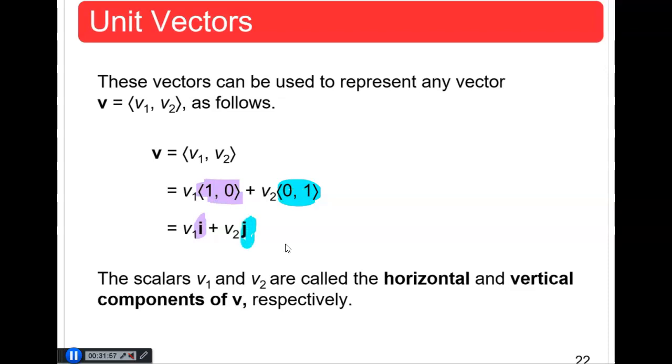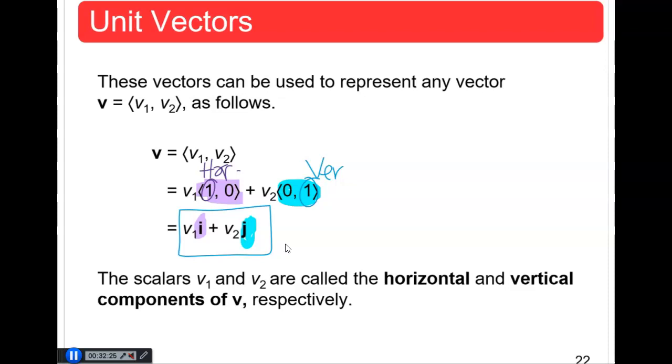And also recall that this is for horizontal, the horizontal component is a 1, and here we have the vertical component is a 1. So if we put them together, then we could actually write any vector with a combination of the vectors i and j, or with a combination of the unit vectors.